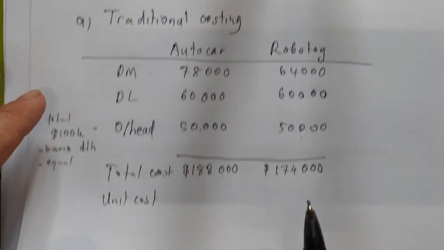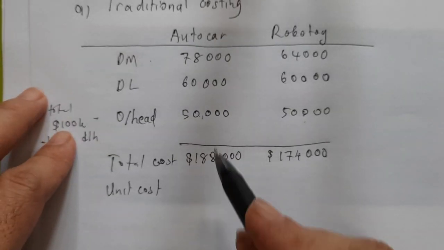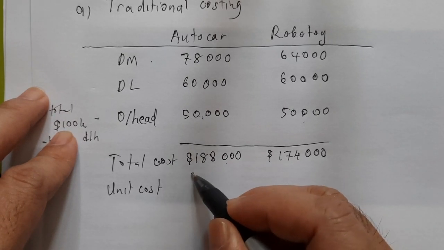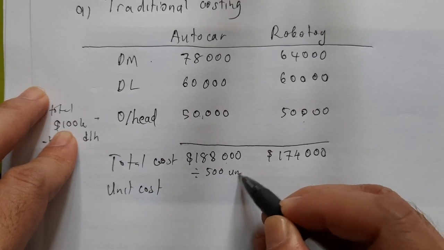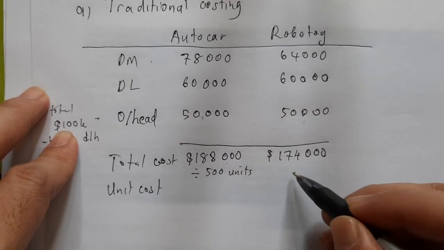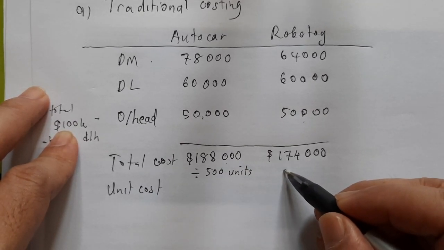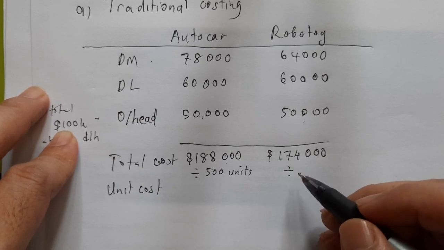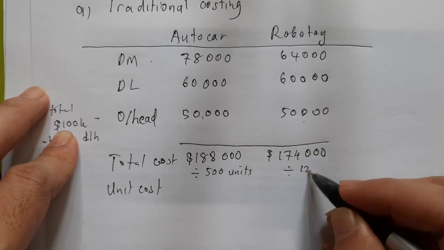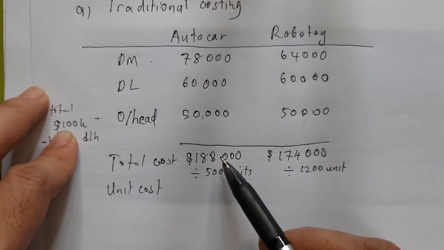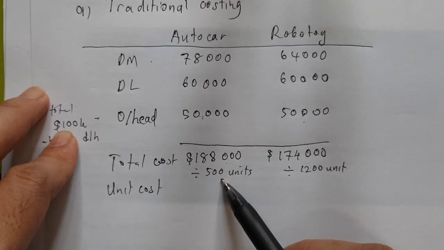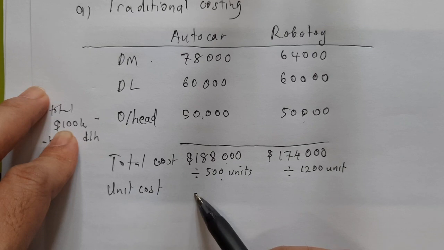So to calculate the unit cost, you have to divide this cost by 500 units. And then this cost you have to divide by the units completed, which is 1,200 units. This amount divided by the total units completed, you will get the unit cost.